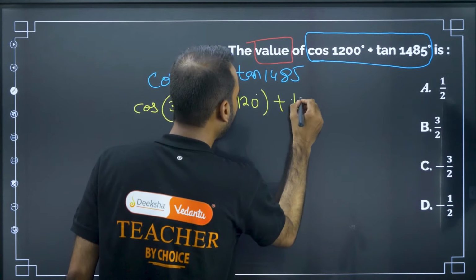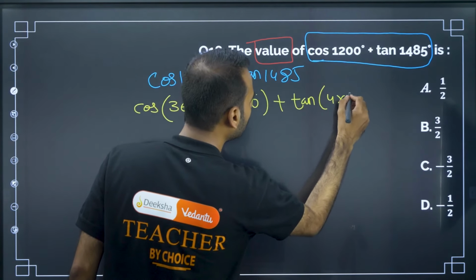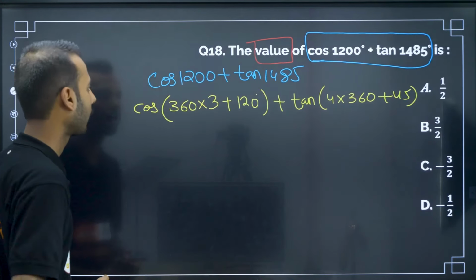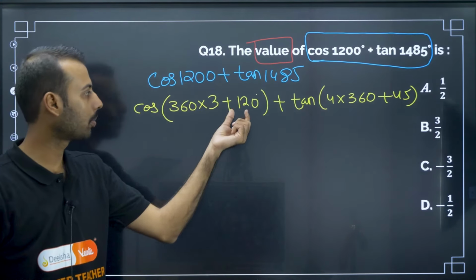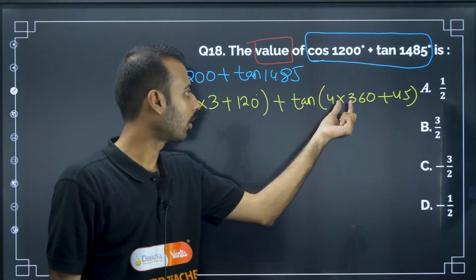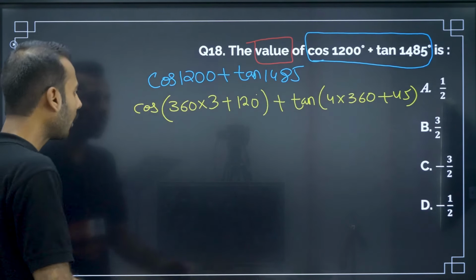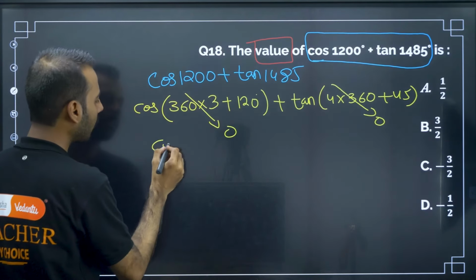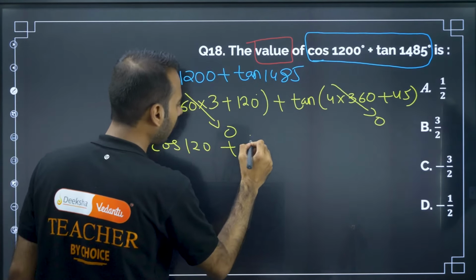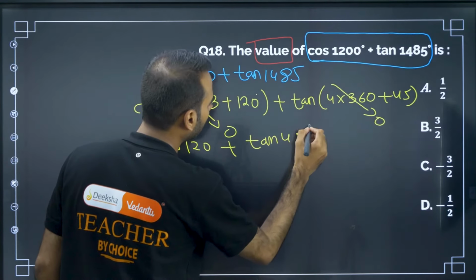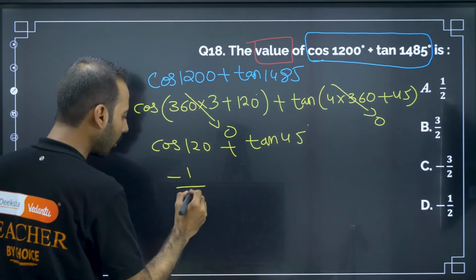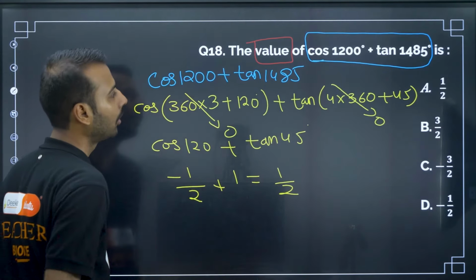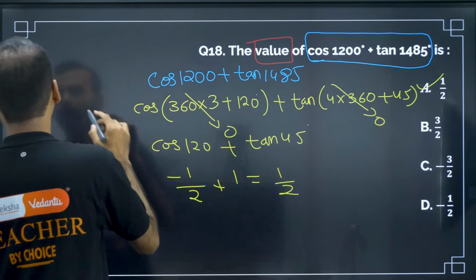For this, let me write tan of 4 into 360 plus 45. 360 times 3 is 1080 plus 120, and 1440 plus 45. So anyways this is 0. So here we are left with cos of 120 and here we are left with tan of 45. Cos 120 is minus 1 by 2 and tan 45 is 1. So 1 minus 1 by 2 is 1 by 2. A is the answer.